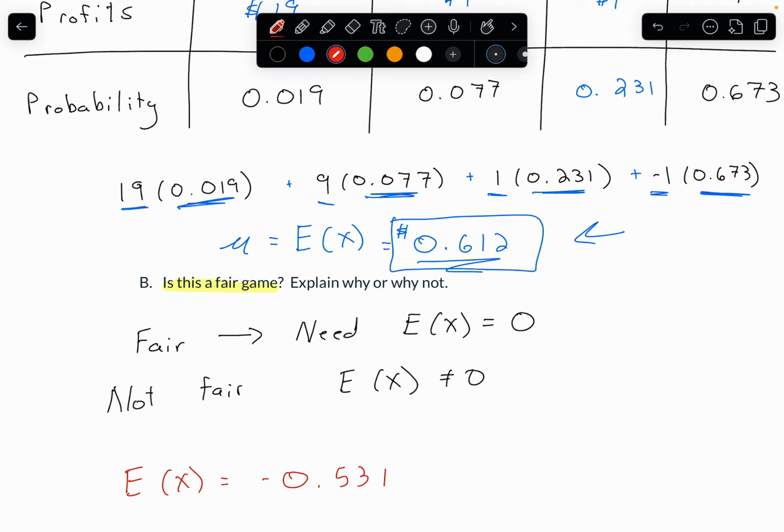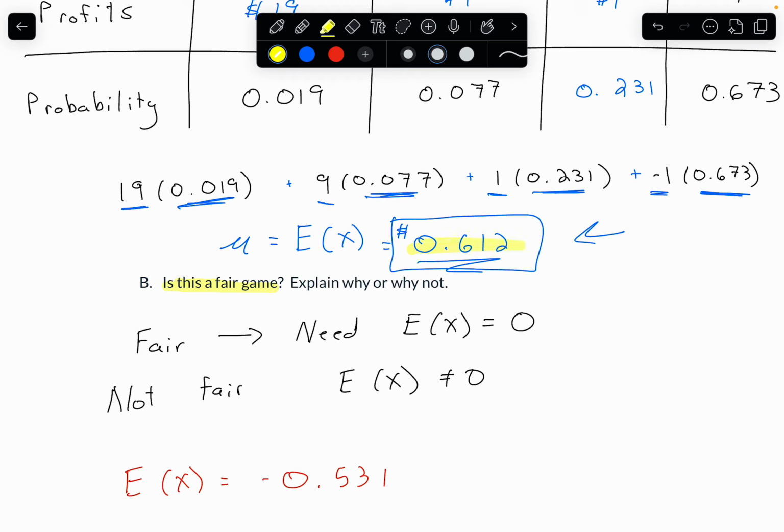Whoa, no, I don't want to play that game because I'm going to be losing money in the long run. But what can be difficult to remember is it can be unfair and favor you as well. You don't think about that quite as much because, hey, it favors me. That's great. I'm going to keep playing this game.